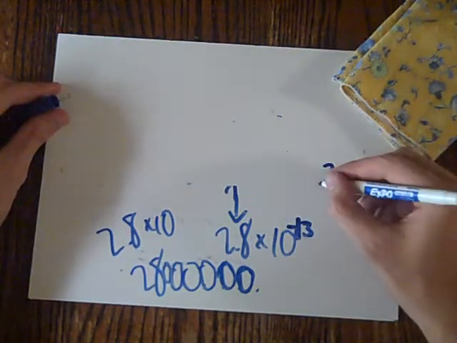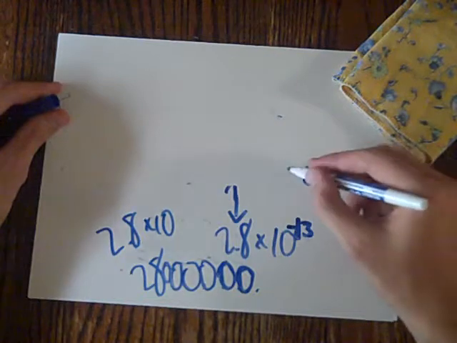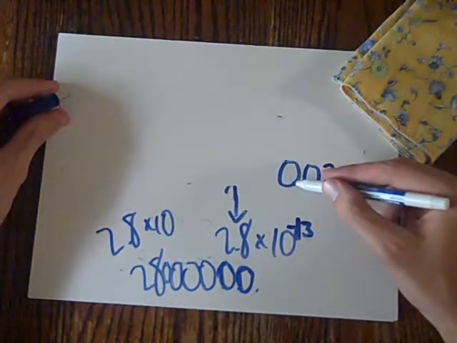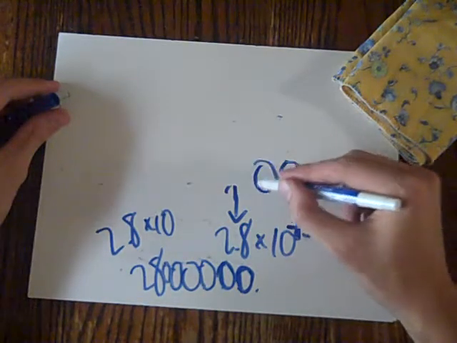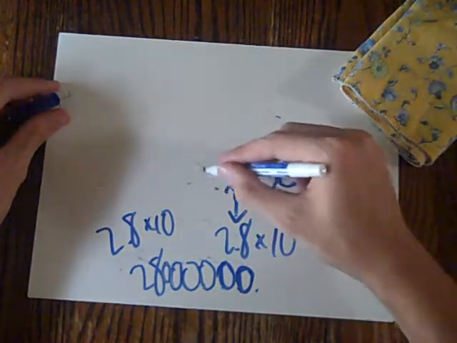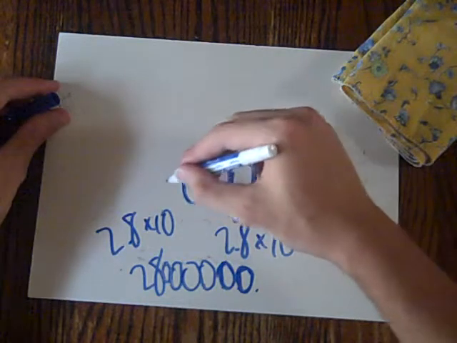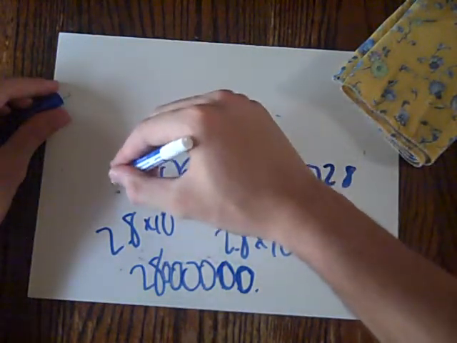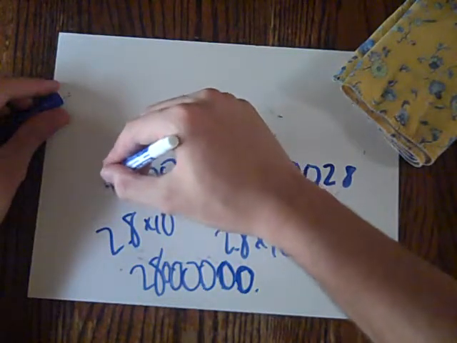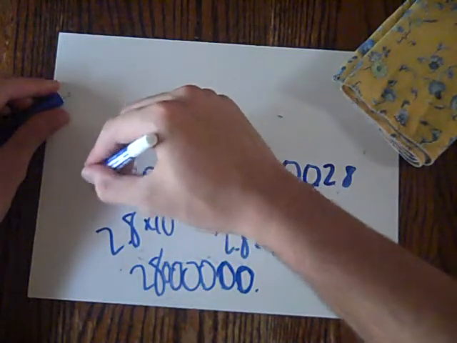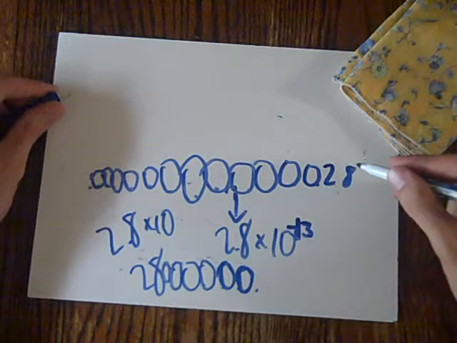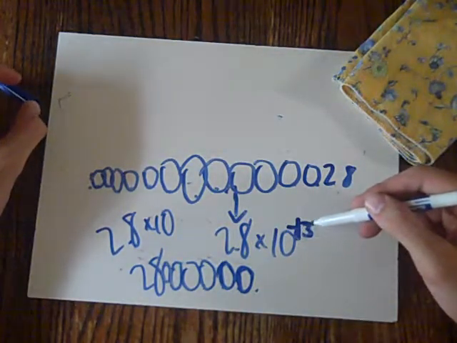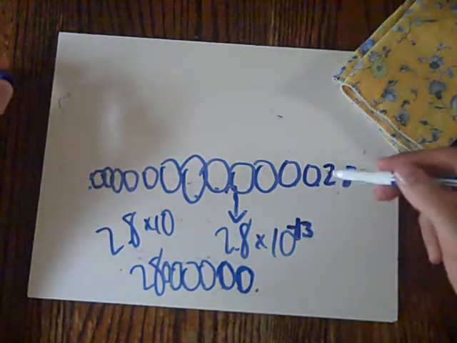When it's negative 13, it's 1, 2, 3, 4, 5, 6, 7, 8, 9, 10, 11, 12, 13. I think that's right. And so that's the way you can count to make sure.